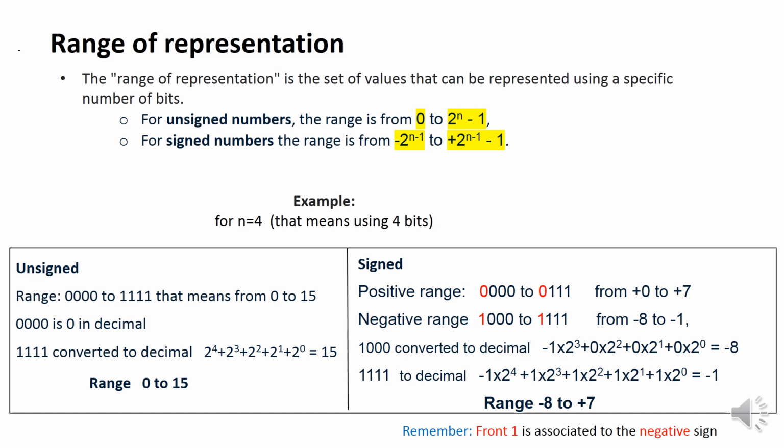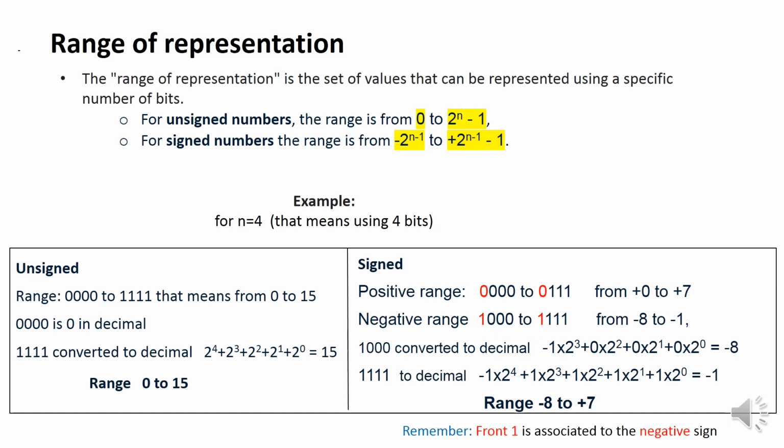Let's see now what happens for signed numbers. We have to distinguish two parts, positive range and negative range. The positive range is from 0000 to 0111. That means from plus 0 to plus 7. And the negative range is from 1000 to 1111.